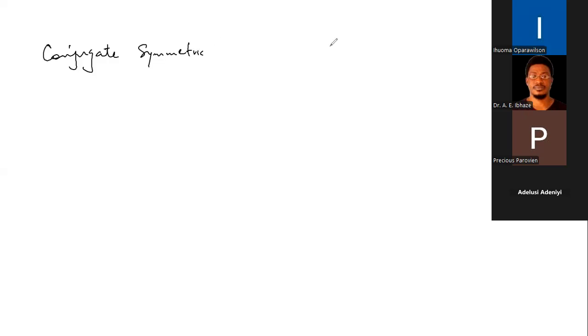Opera Wilson, go ahead. Okay, good afternoon, sir. Sorry, when you were doing the even signals, you said that the multiplication did not affect the amplitude, it was just the time.